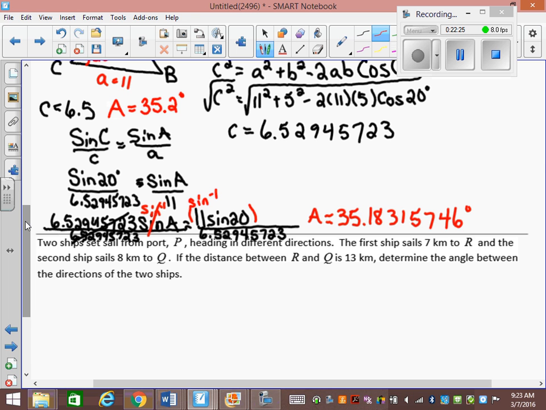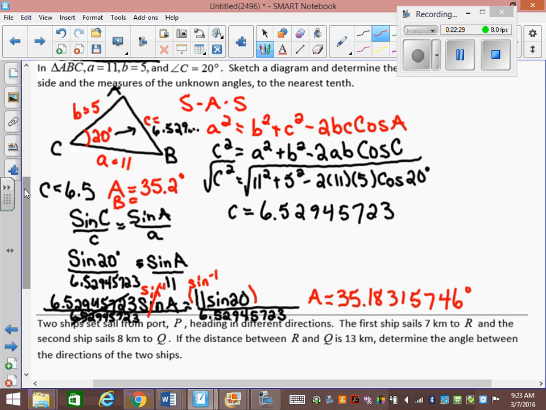And now I still need angle B. How do I get angle B? 180 minus that answer that we just got, minus 20 degrees, and C should be 124.8. Something is shady.